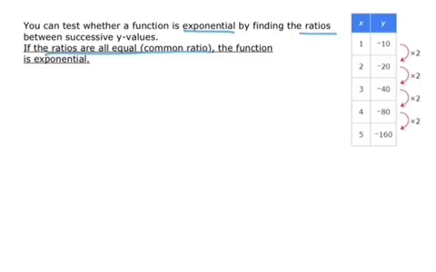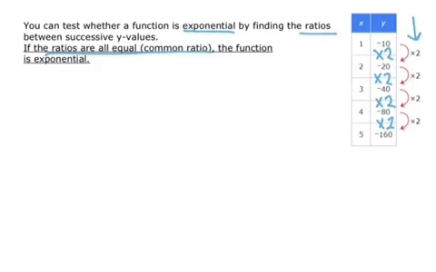So again, a lot of times you can just look at the table and figure out what's going on, meaning to go from negative 10 to negative 20, you're multiplying by 2. To go from negative 20 to negative 40, you're multiplying by 2.